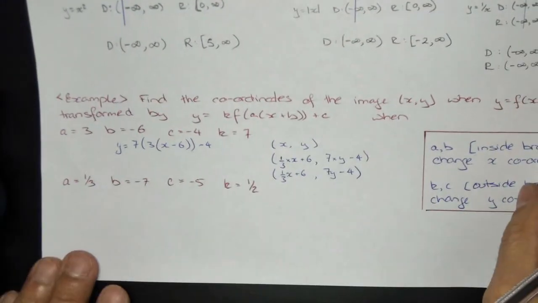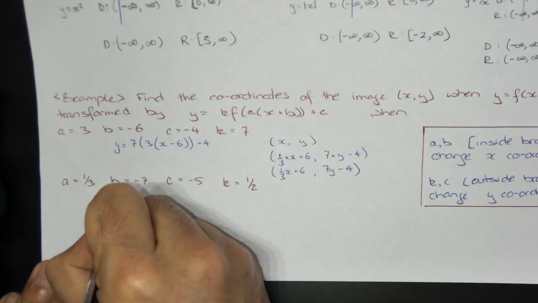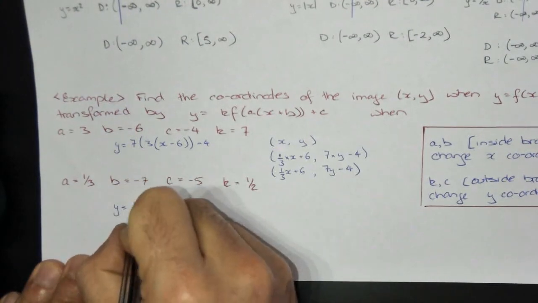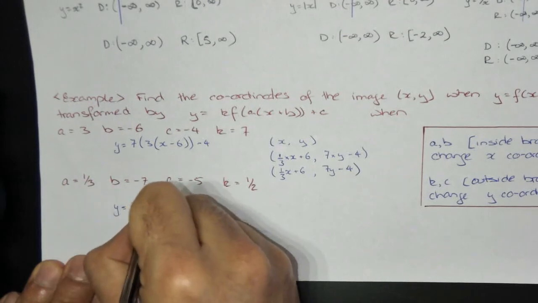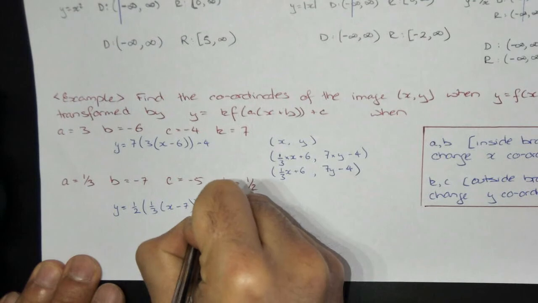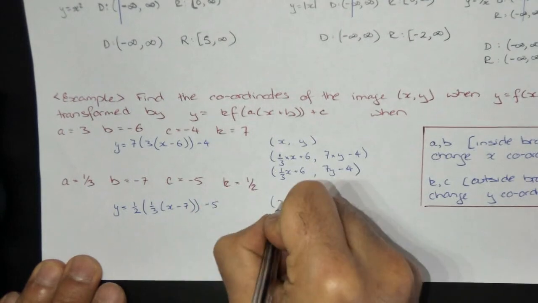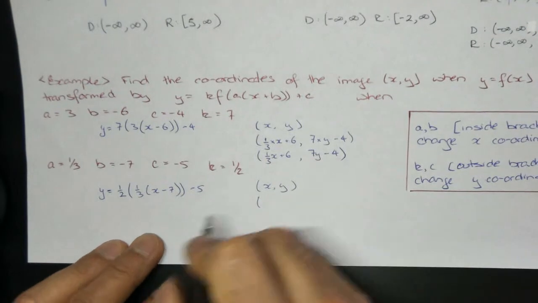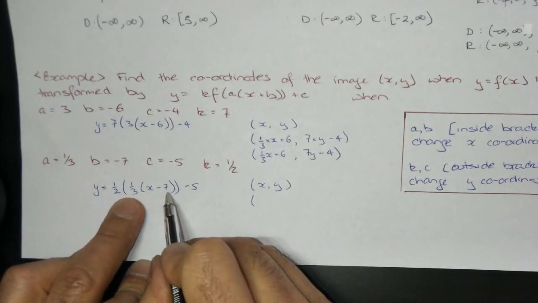Okay, let's try this example. Alright, we get y = (1/2)f((1/3)(x − 7)) − 5. I start with my x and y coordinates. I'm looking at the inside brackets, and I'm going to do the opposite.